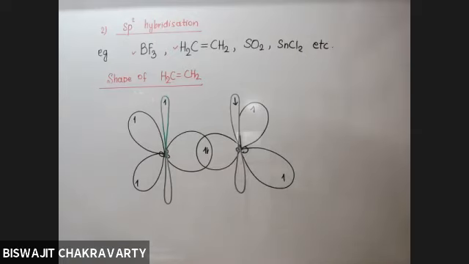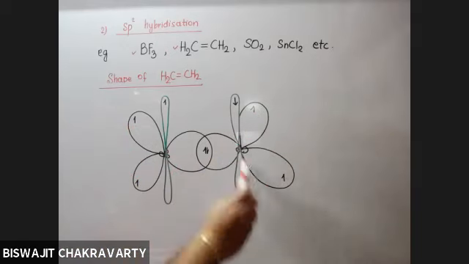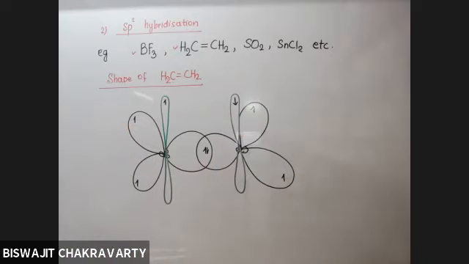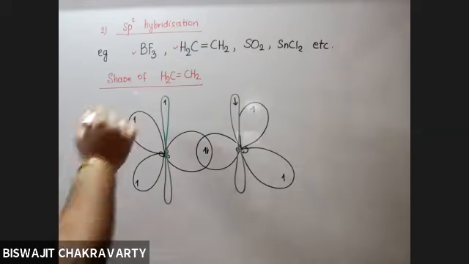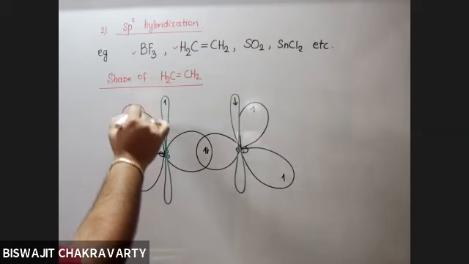Now tell me, those sp2 hybrid orbitals which are facing outwards will overlap with what according to the formula? Hydrogen. And what is the shape of hydrogen, dumbbell or spherical? Spherical. So they are going to overlap with hydrogen.